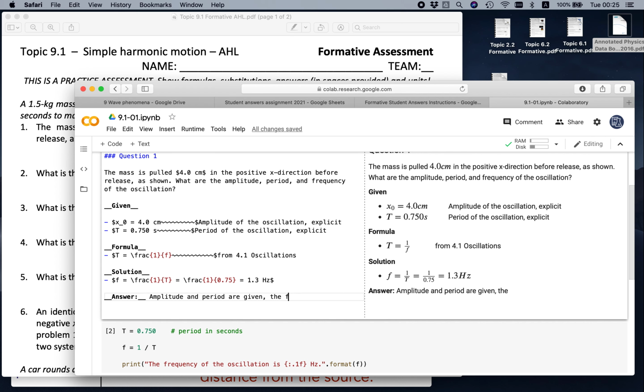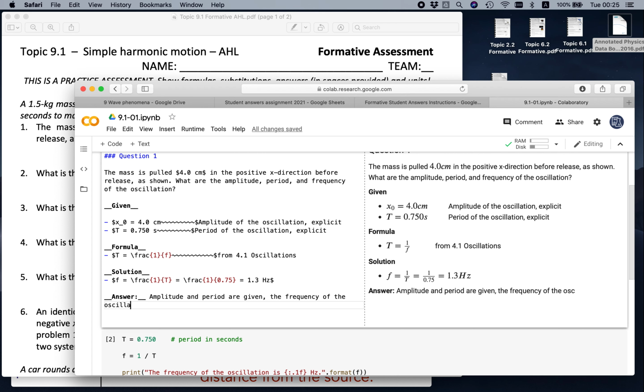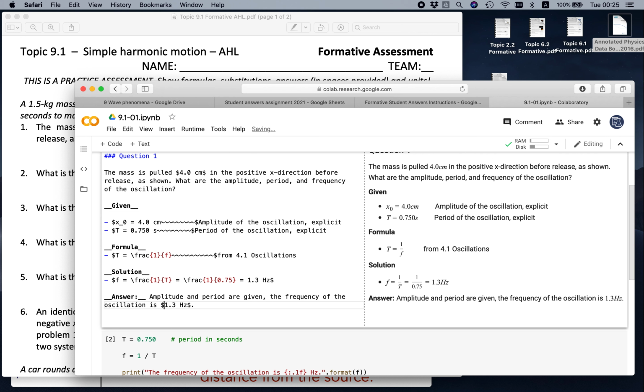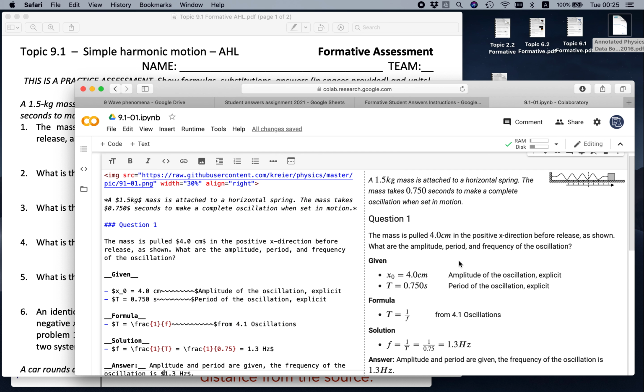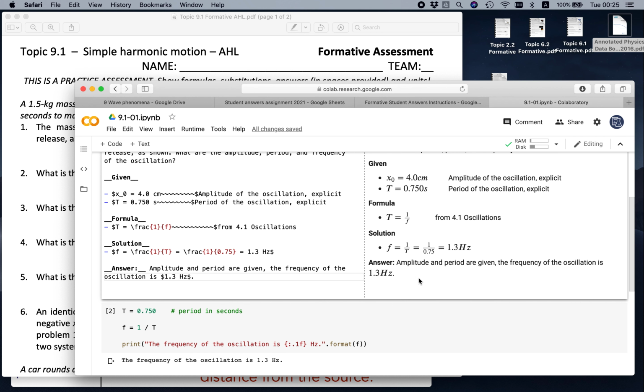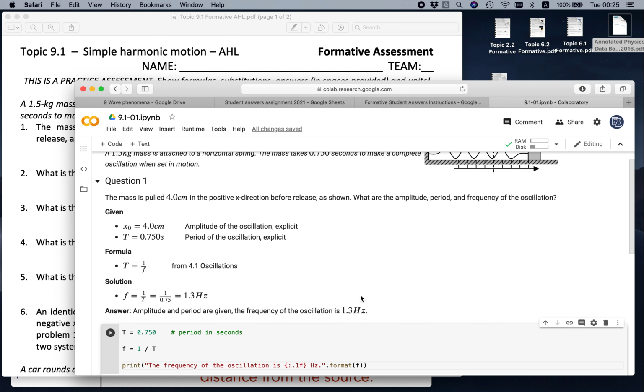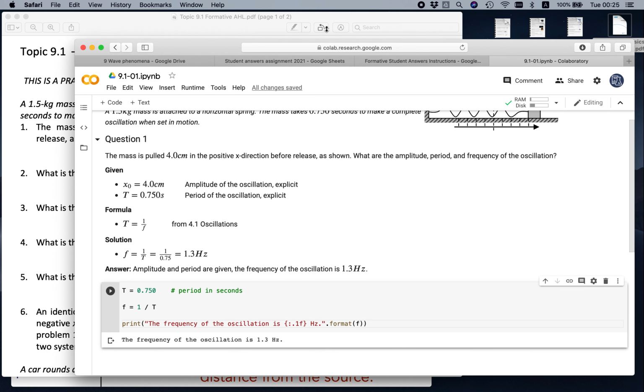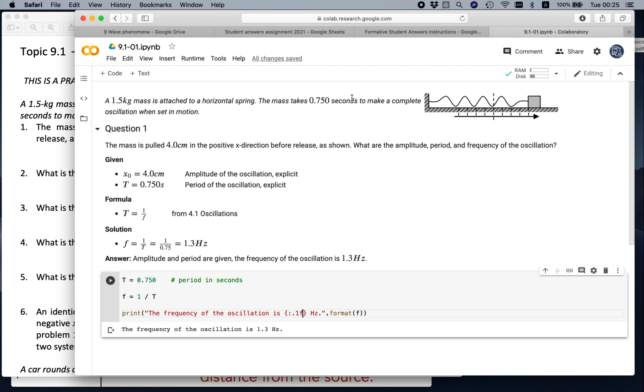The frequency of the oscillation is 1.3 hertz. The math looks a little different. And question 1 for topic 9.1 is answered.